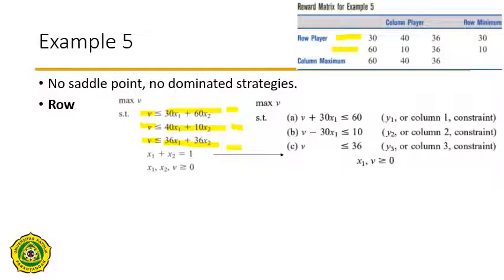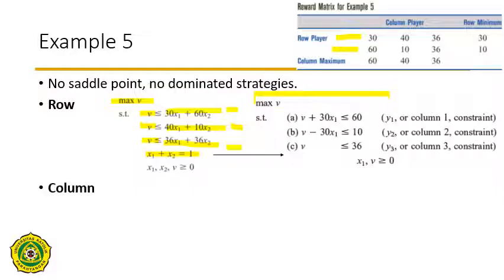On the other hand, the row player wants to maximize the reward. So we see that the objective function here says maximize V. Okay, and then as before, we simplified the model by substituting x2 to become 1 minus x1. So here's the linear programming model for the row player.